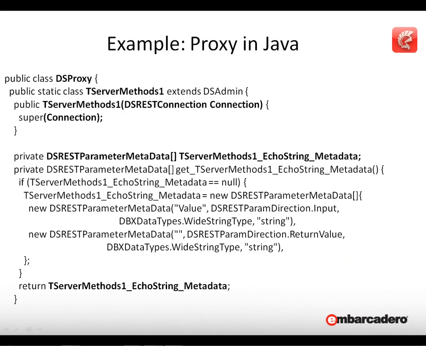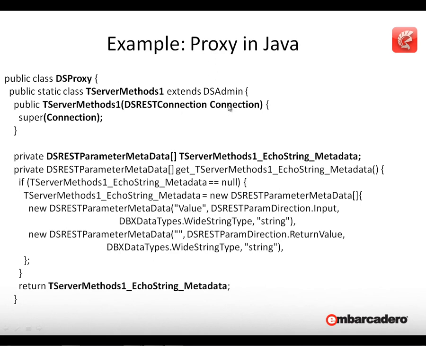So let's take a look at the proxy in Java, how it looks. Here it creates a class dsprox, and this class has a subclass that represents my server class on the server side. So it means I have a TServerMethods1 on my server side. It creates a representation of TServerMethods1 on the client side, which extends this basic class, and I can create this class.